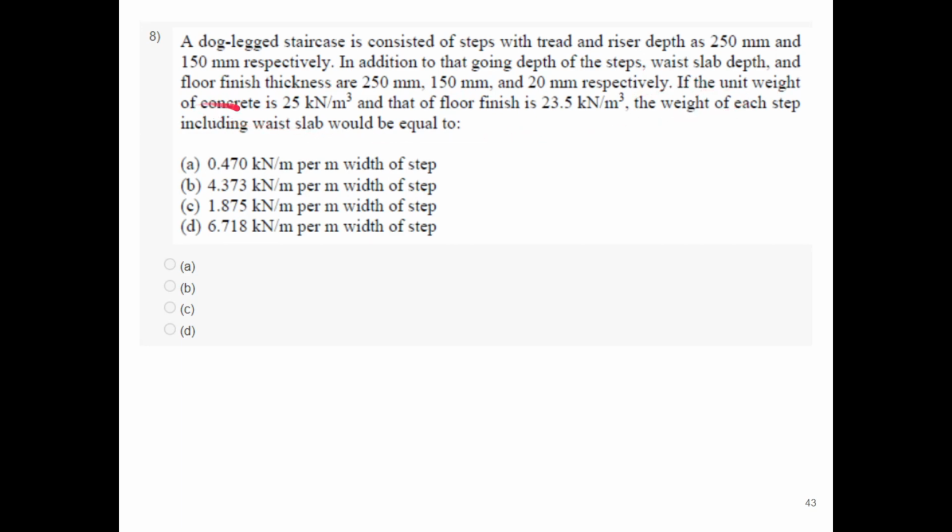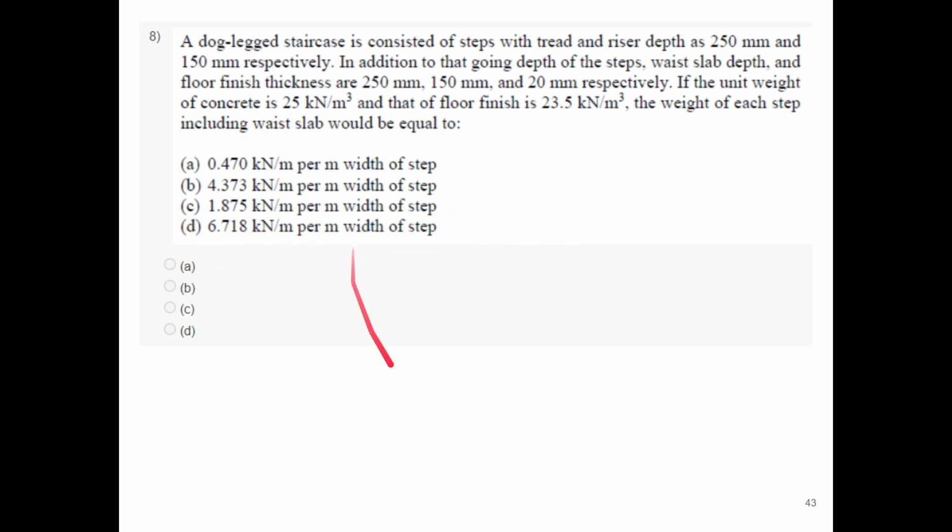If the unit weight of concrete is 25 kilonewton per meter cube and that of floor finishes is 23.5 kilonewton per meter cube, the weight of each step, including waist slab, would be equal to A, 0.470 kilonewton per meter width of step, B, 4.373 kilonewton per meter width of step, C, 1.875 kilonewton per meter width of step, D, 6.718 kilonewton per meter width of step.